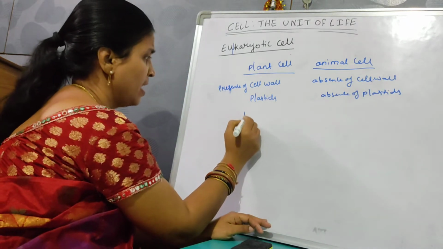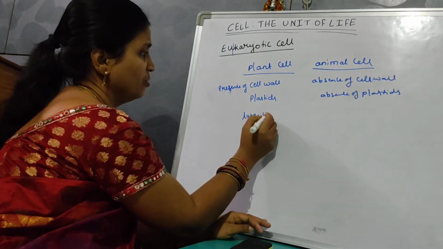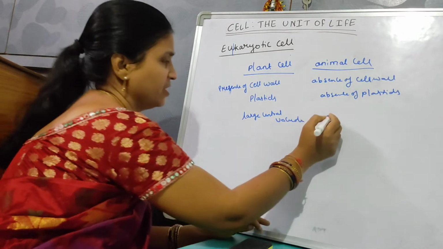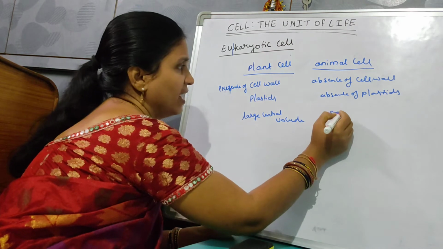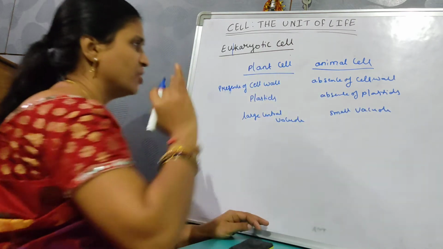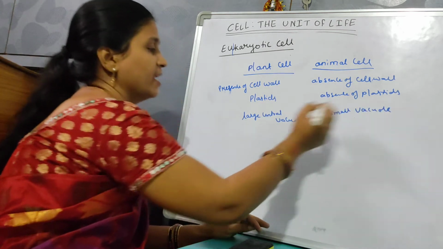And here a large central vacuole will be present. Here the vacuoles are small vacuoles. Big vacuoles are not present. This is the general difference between plant cells and animal cells.